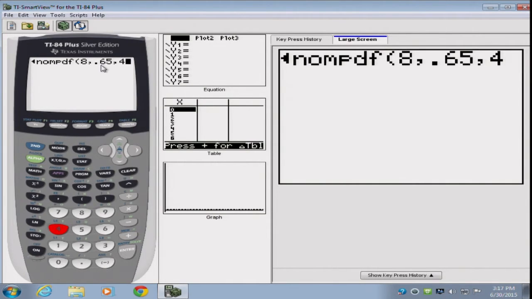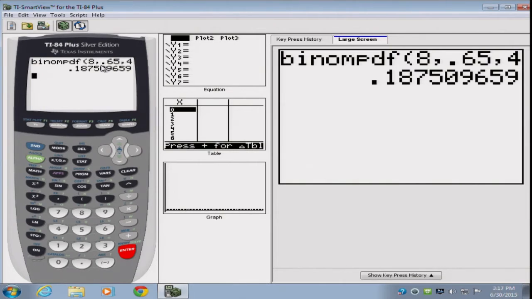So I would just hit enter. It's going to spit back a probability. In this case, 0.1875. So that's the probability that in a group of 8 people, 4 of them would be extroverts, considering that they're marketing personnel. Okay, so I would say here, probability R equals 4.